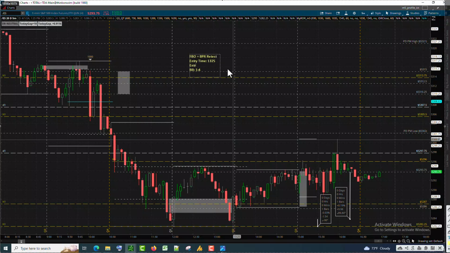and basically a buy stop at candle 12 open.